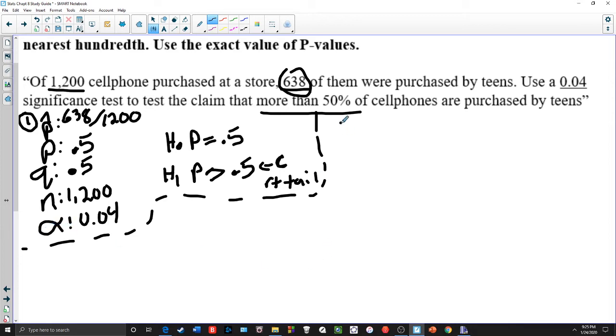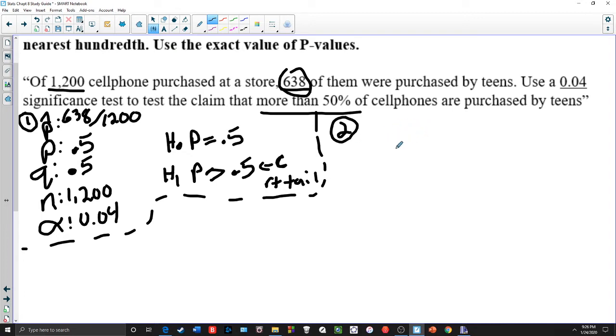So my second step, which you can consider part of the first step too, depending on how big you want to make your steps, is to get my test stat, my z-score. So that's when I use that formula we had before: p hat minus p over the square root of pq over n.